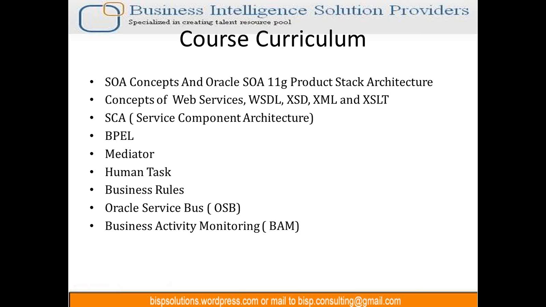So let me talk about what curriculum we are going to teach. We will start with the concept of SOA, where we will talk about SOA in a generic way. SOA is not proprietary to Oracle, and we will prove to you that SOA is not proprietary, it's open source.